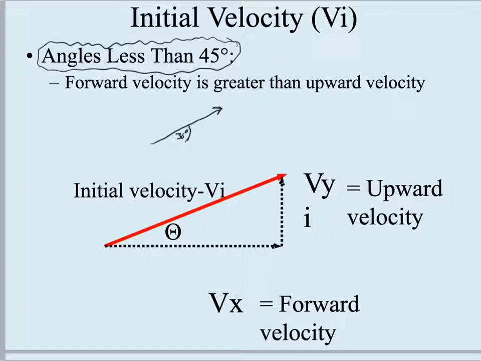It's going to be moving more forward than it is up when it's initially launched. So we would expect the x component, the Vx, to be a bigger value than the VIY.